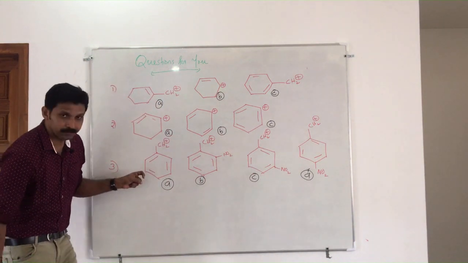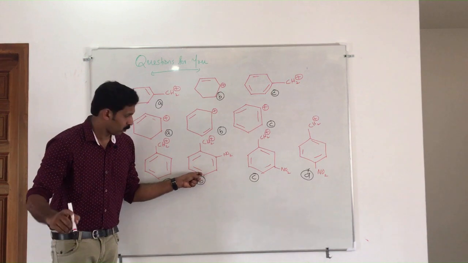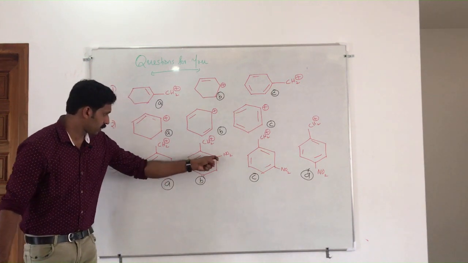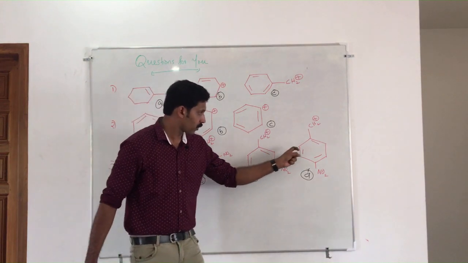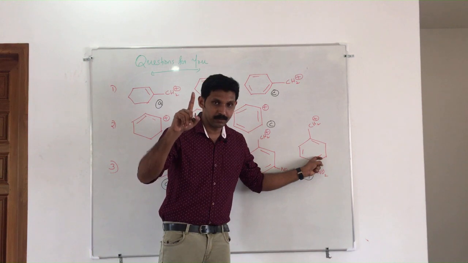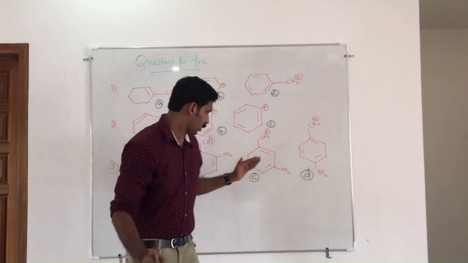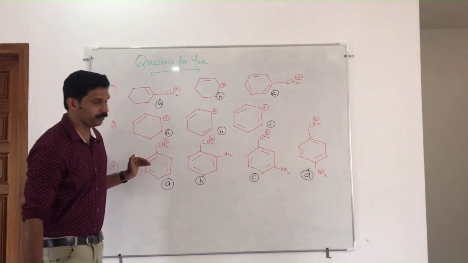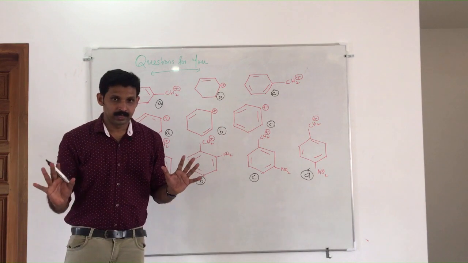Question number 3. An NO2 group is present at the ortho position, meta position, and para position. I told you the resonance effect is important only if the groups are present at ortho and para positions. That is a hint for this question.